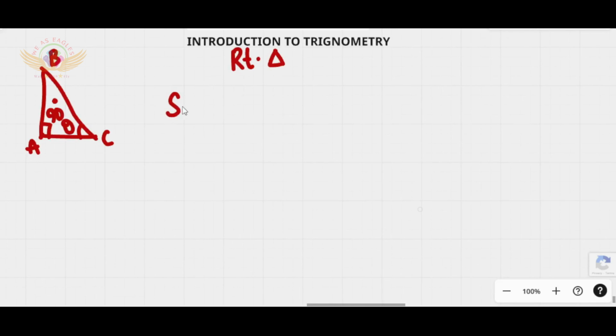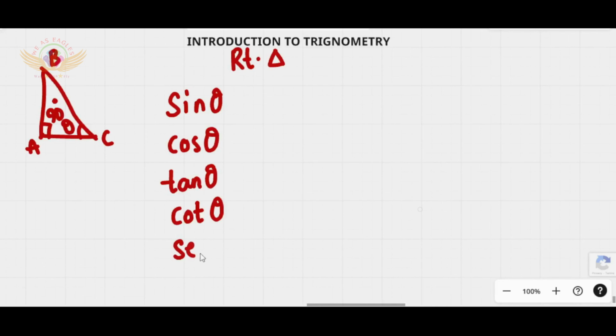Those are sin theta, cos theta, tan theta, cot theta, secant theta, cosecant theta. These are the terms that we use in trigonometry: sine, cos, tan, cot, sec and cosec. Total six terms are there.